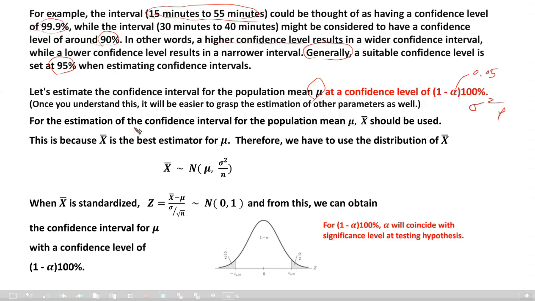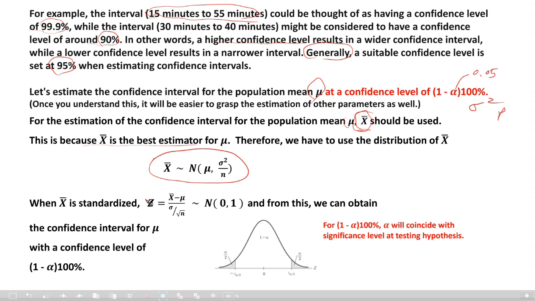For the confidence interval for mu, capital X bar should be used. Why? X bar is the best estimator, right? Therefore, we have to use the distribution of X bar, this one.